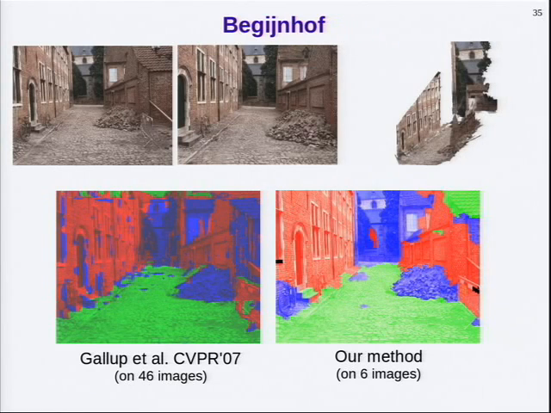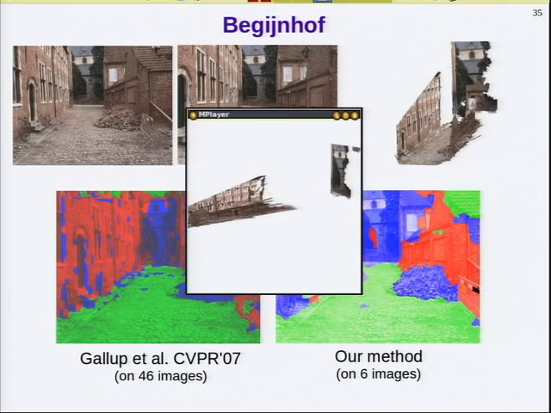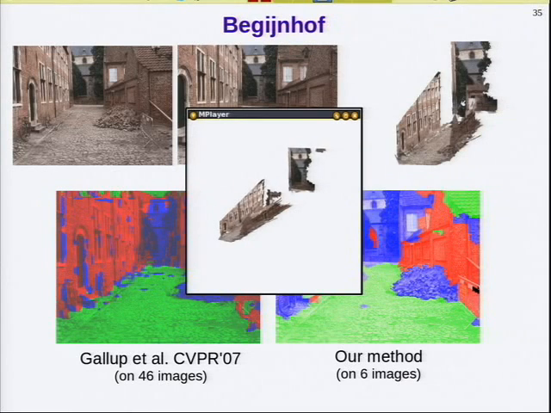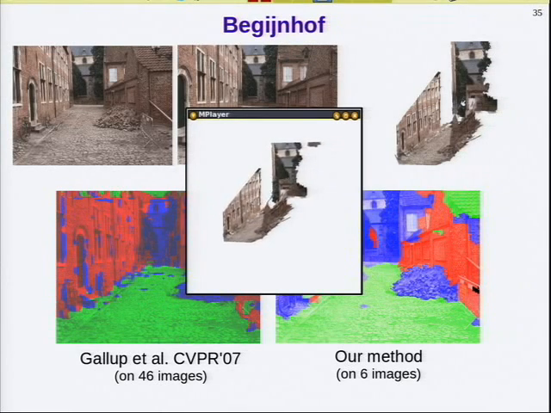All the pixels on the ground plane should be green, and all the pixels on the perpendicular plane should be either red or blue. This is our result, which is smoother. For our result, we used only 6 images, where they used all 46 images.